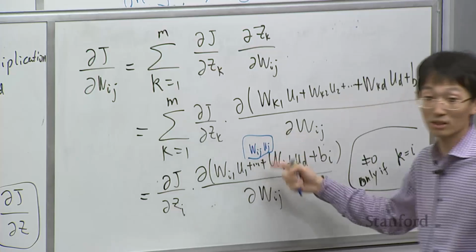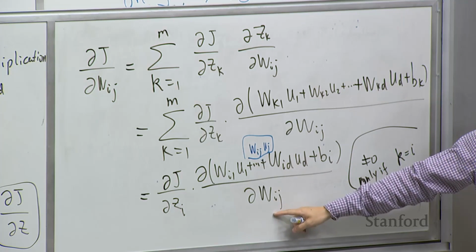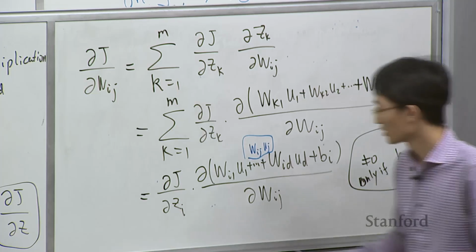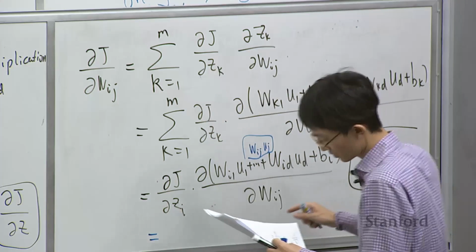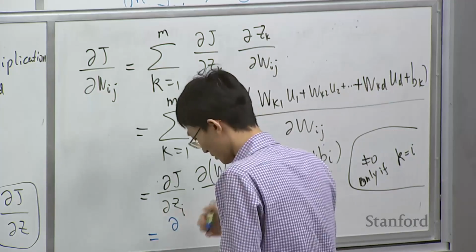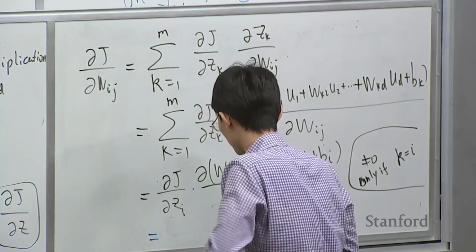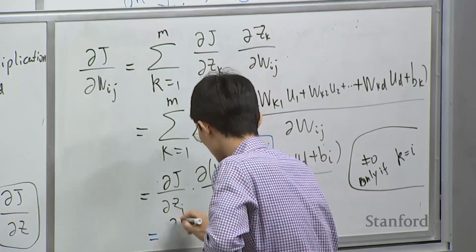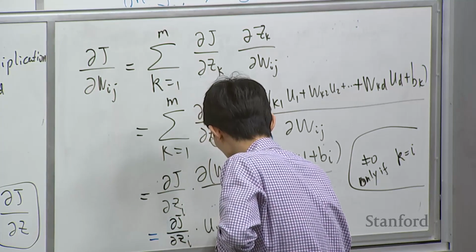That's the term where w_ij shows up. And the derivative of this with respect to w_ij is equal to u_j. So that's why this is equal to, times u_j.